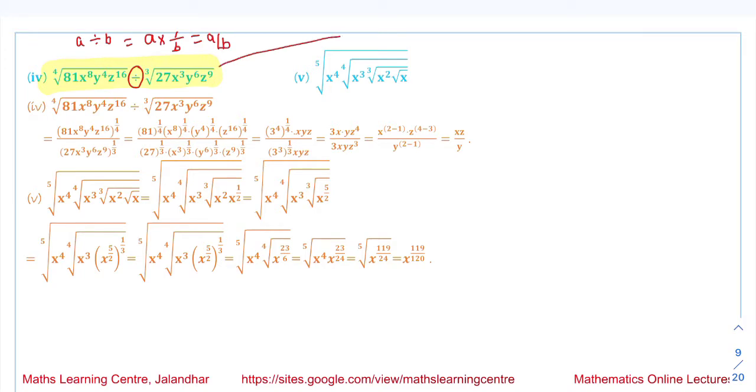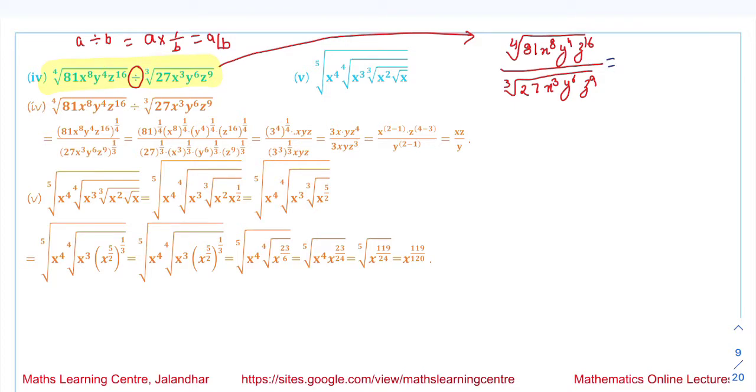So this term becomes the fourth root of 81 x raised to the power 8 y raised to the power 4 z raised to the power 16 over the cube root of 27 x cube y 6 z 9.